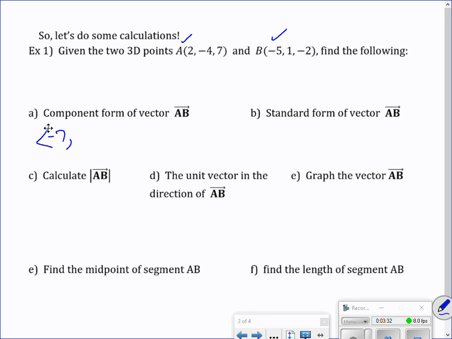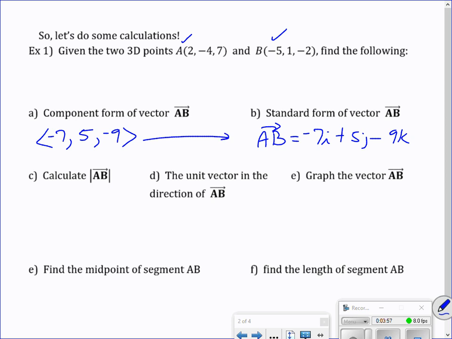Then 1 minus -4 is 5. And then -2 minus 7 is -9. So it's as easy as that. You just have a third thing to do. If you're going to put something in standard form, then you would put I, J, and K. So vector AB right here would be -7I plus 5J minus 9K. So it's just basically the form change from there.